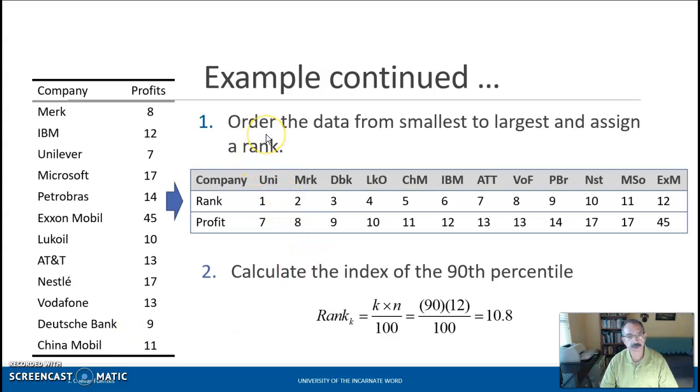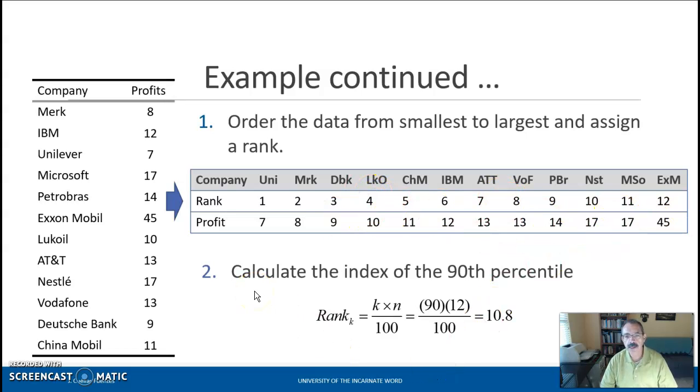The first step is to rank the data from smallest to largest and assign them a rank. You see the lowest profit is that for Unilever, 7. The second smallest is Merck, and the largest is ExxonMobil, which is over here. So you put the values in order and then you assign a rank to them.